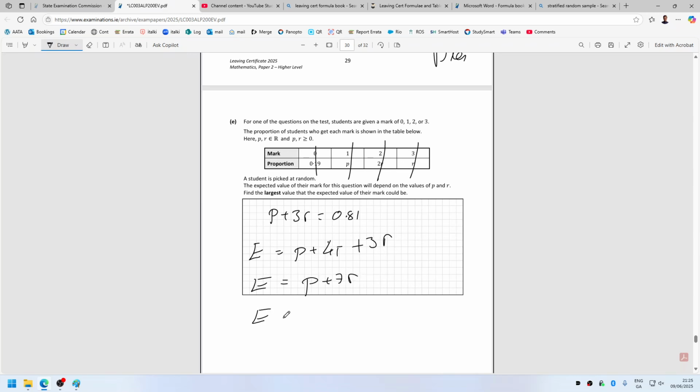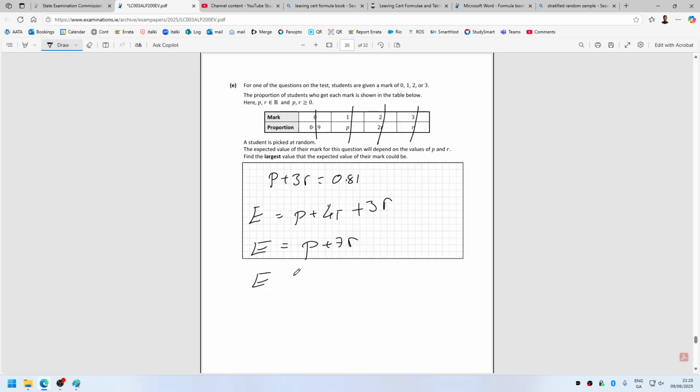So the expected value, you want to make this a maximum. So that will be 0.81 minus 3r plus 7r. So the expected value is 0.81 plus 4r. So what's the biggest I can make r? So remember, r is 0.81 minus p divided by 3.